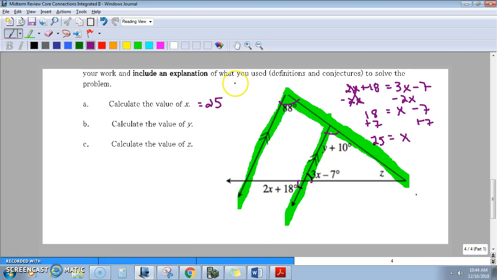So I know that y plus 10 degrees must be equal to 88 degrees. So if I subtract 10 from both sides to solve for y, I get y is 78 degrees. Okay, y is 78.